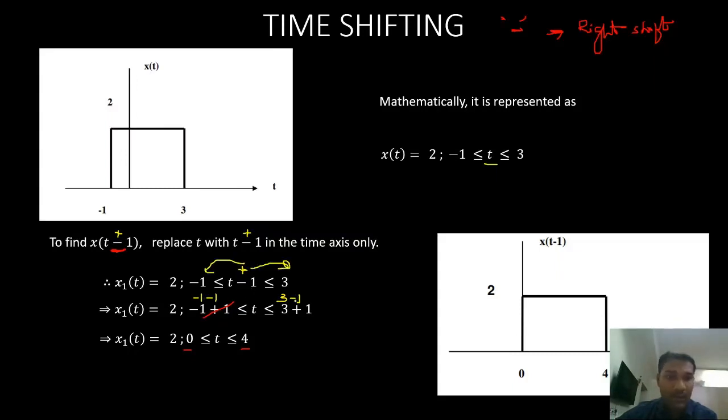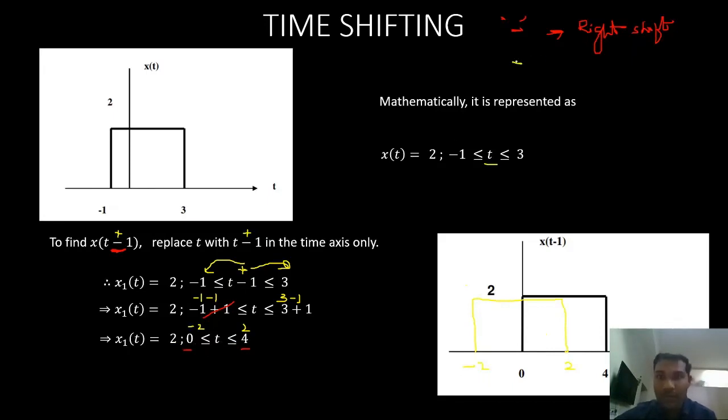So minus 1 becomes minus 2 and 3 minus 1 becomes 2. So how will my signal look? My signal will look like this, from minus 2 to plus 2, the amplitude is 2, and in all other cases it is 0.